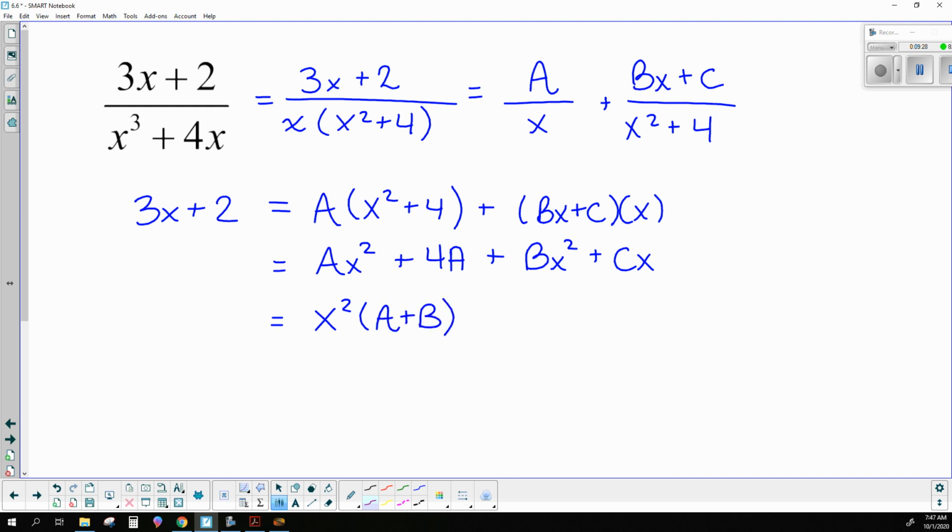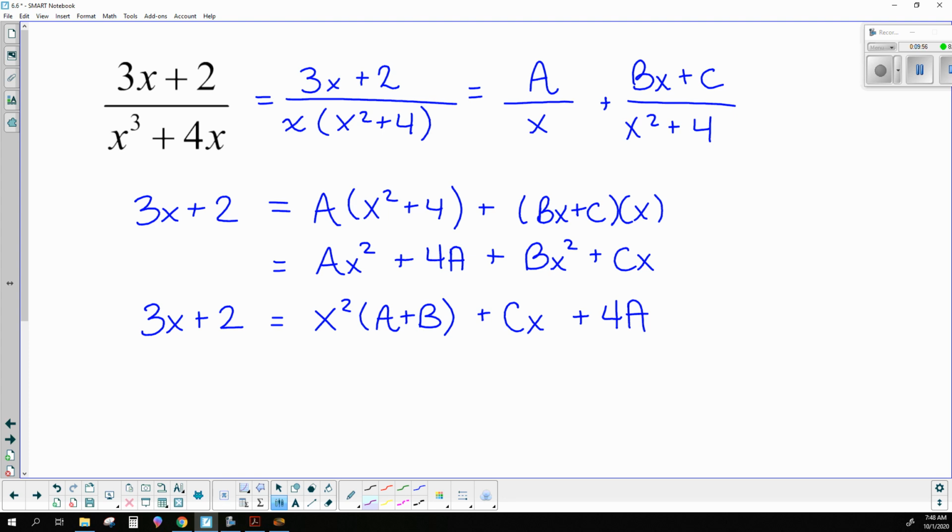And I have a plus b, right? A and b. Then I want to look for anything with an x in it. So the c term has an x in it, right? And then that 4a does not have an x at all, so that's going to go at the end. We're going to compare that to 3x plus 2.